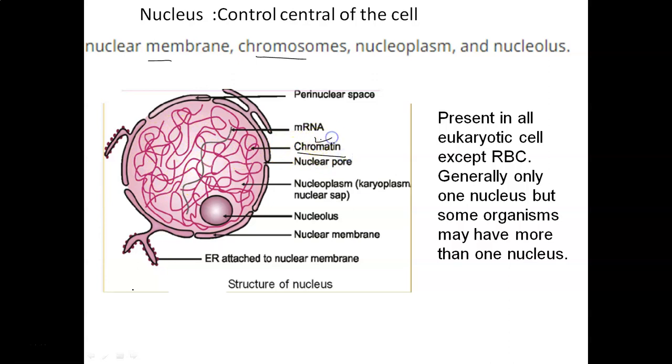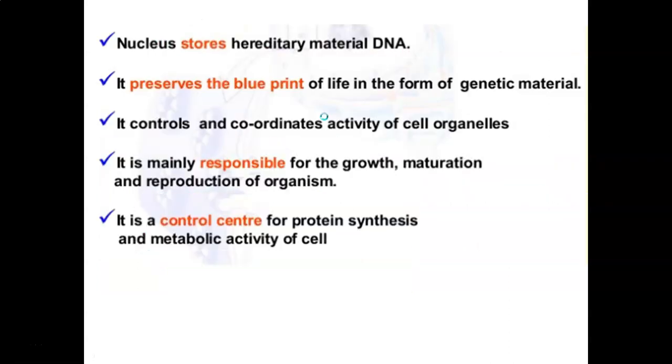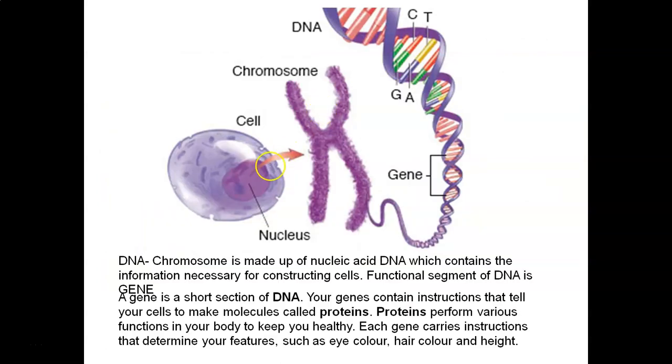And this chromatin network, look, you can see in this slide. This is the cell, this is the nucleus, and the nucleus has the chromosomes present in the form of chromatin, but this chromatin just before the cell division.